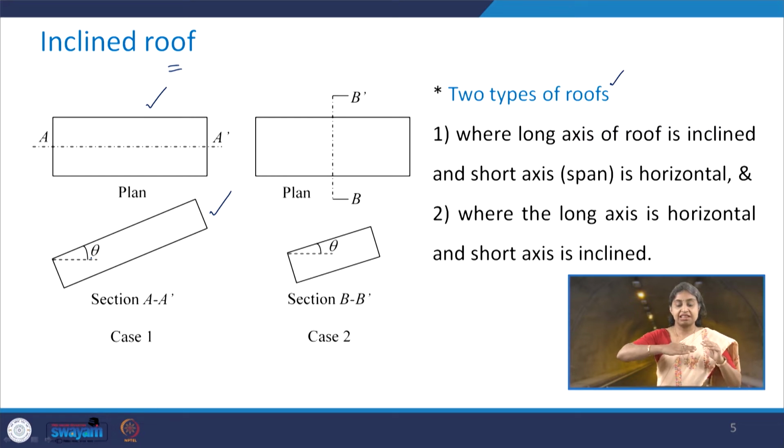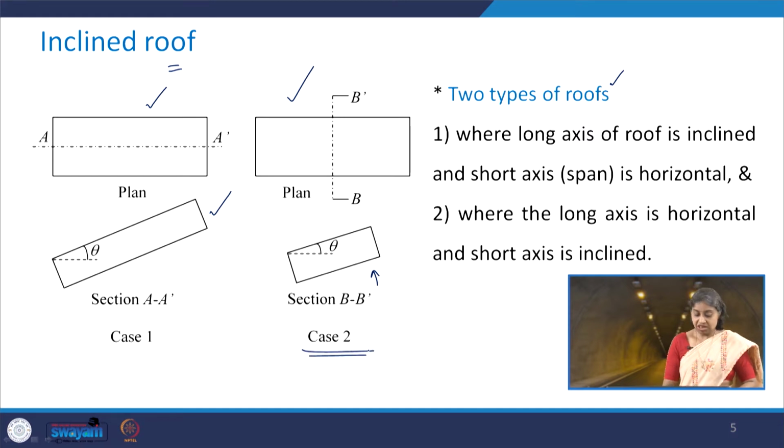This means it is like this. You see the long axis is horizontal, it is not inclined, but the short axis is inclined. This is how it looks in plan, and if you take section BB, it will look like this as part of case 2.